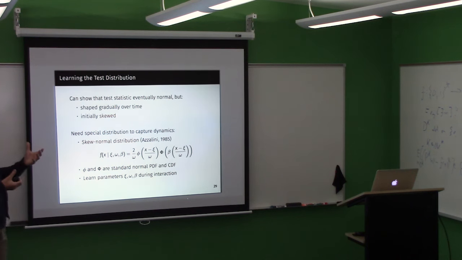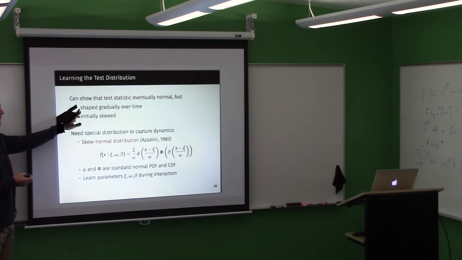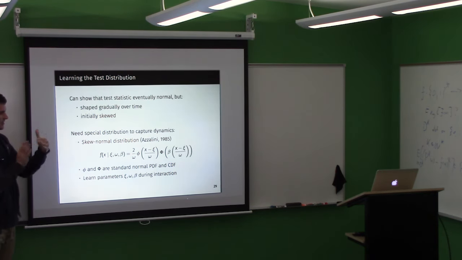But there's an important problem here. If you use a normal distribution, it would fail to account for the skewing, the gradual skewing in the initial learning process. And you will find, for example, in the multi-agent setting, with the data in the first, say, 100 time steps, you get a highly skewed test statistic. So a t-distribution or a normal distribution would fail to capture that accurately.